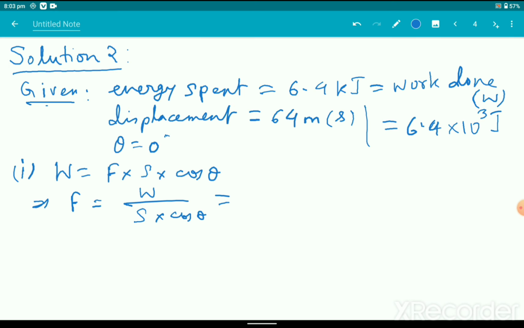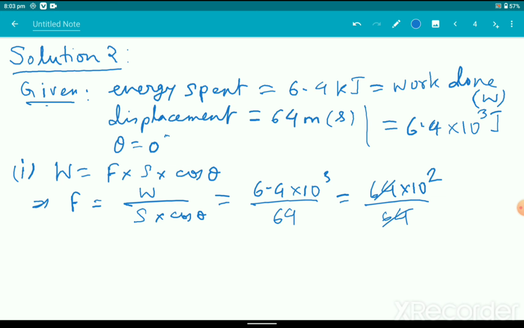So F is 6.4 into 10 to the power 3 by 64, and cos 0 is 1, so it is not to be considered. So 64 into 10 to the power 2 by 64, and this turns out to be 10 square, means 100 Newton. Therefore the force applied is 100 Newton.